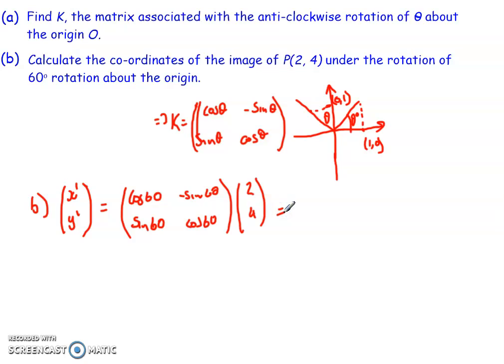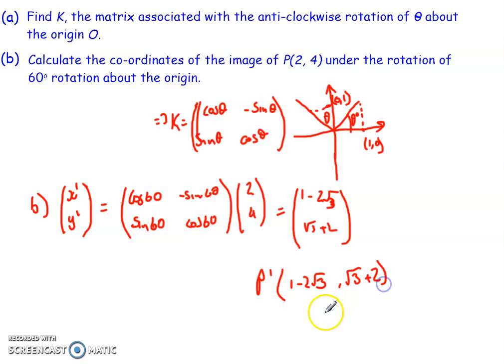If I calculate that out, that gives me (1 - 2 root 3, root 3 + 2). So that would be the coordinate of my new point, P dashed.